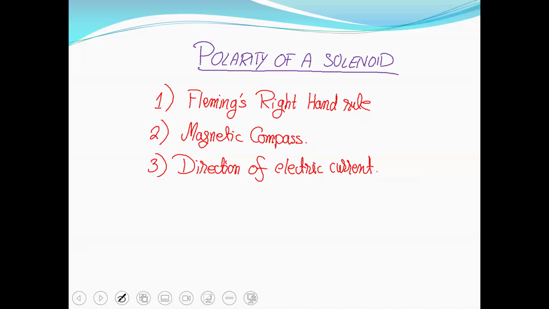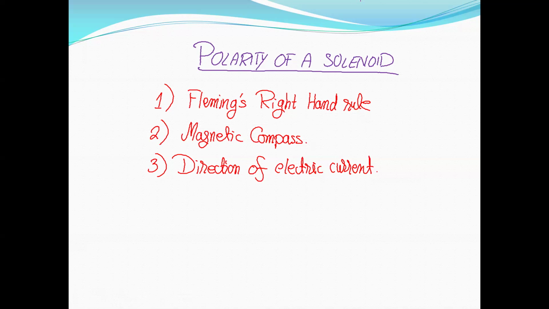And what is the third way? Direction of electric current. What are we determining? We are determining the polarity, North Pole or South Pole.